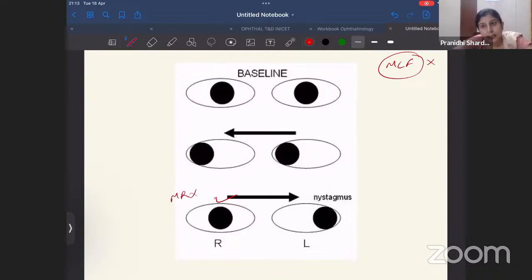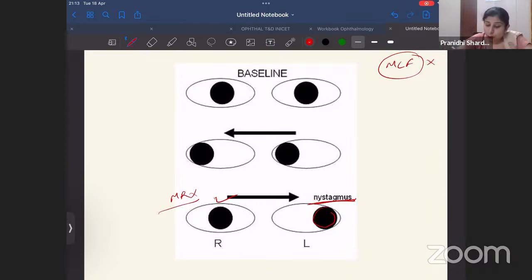Medial rectus is not acting. And we know one rule: whenever there is a problem in one muscle, its yoke muscle or its contralateral synergist muscle gets the extra supply. And because of this, the other eye suffers from nystagmus, because of the excessive supply to that muscle.